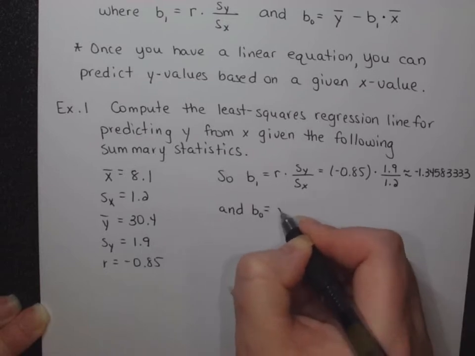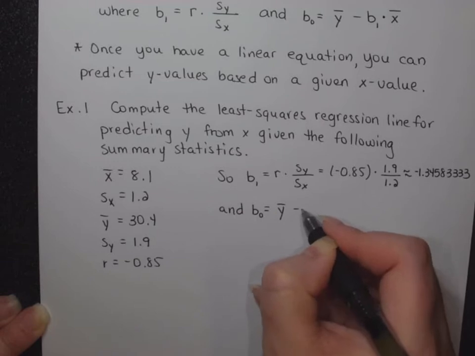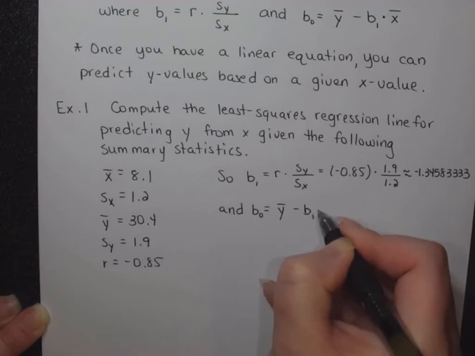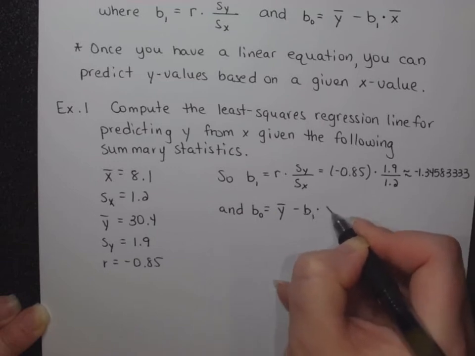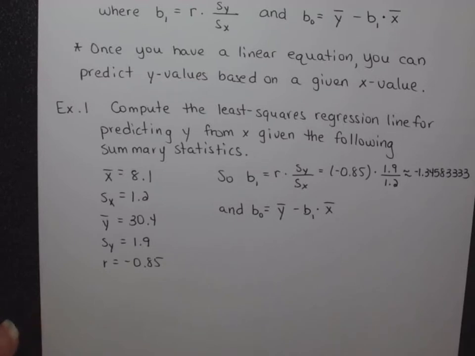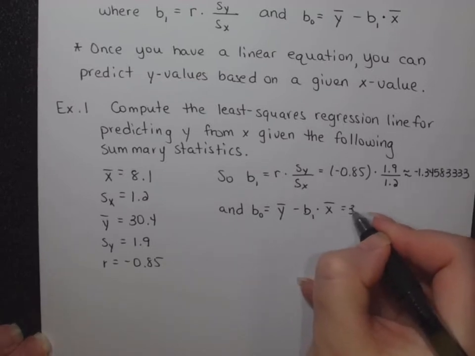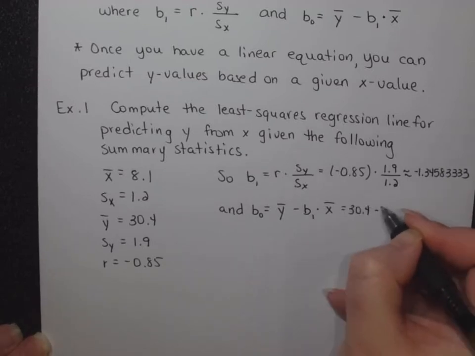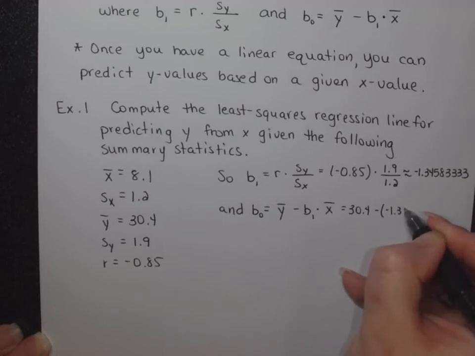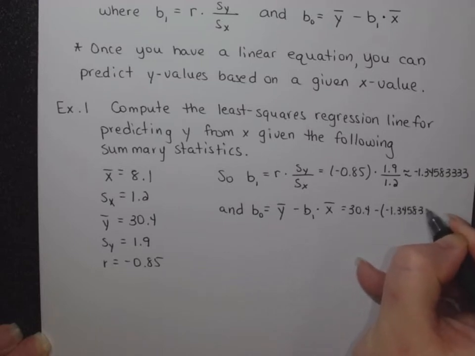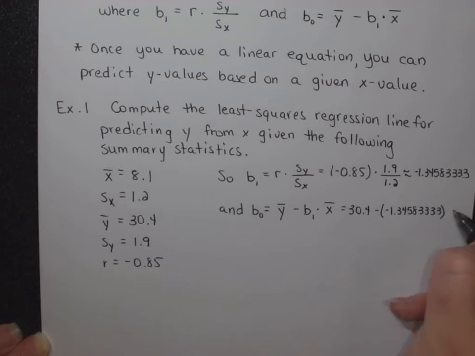Okay, b sub 0, the formula for that is the average of the y's minus the b sub 1 you just found times the average of the x's. So it's going to look like 30.4 minus that big old long decimal, times 8.1.